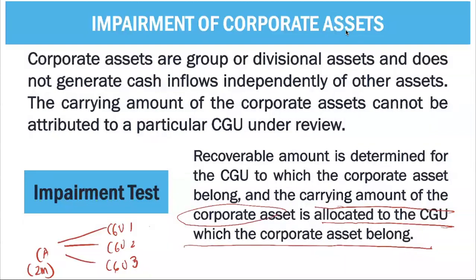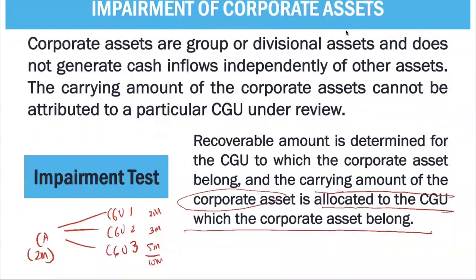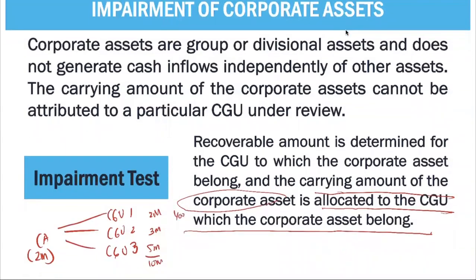So for example, CGU1 is valued 2 million, CGU2 3 million, CGU3 5 million. So we allocate it 2 million over 10 million. We have here 400,000, 600,000, and we have here 1 million. So that is the allocation.